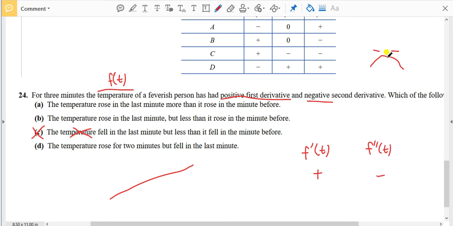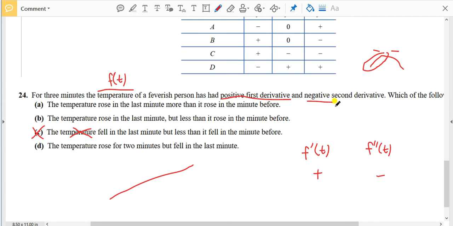That means we are only considering this portion because the function is now increasing. We know that from the first condition that it is increasing.